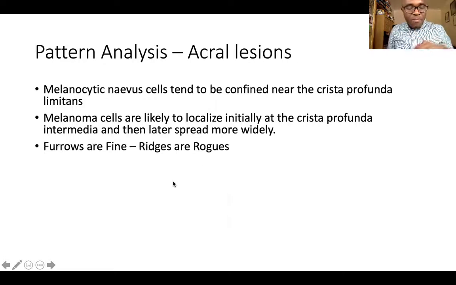When we come back to the image at the next slide, I'll show you what we're talking about. And so if you can see the distribution of the melanocytic pigments in the furrows, it means that it is fine, because the furrows are where you find the crista profunda limitans, whereas the ridges are where you find the intermedia parallel to that.